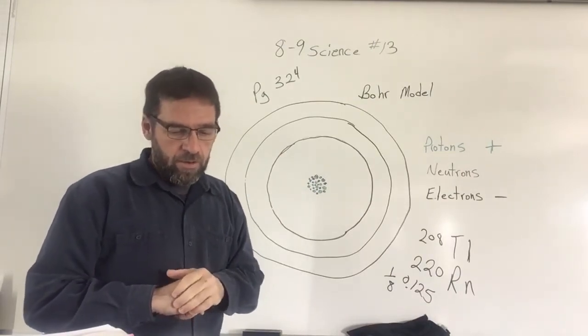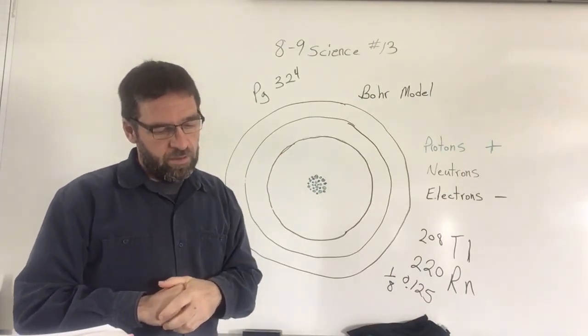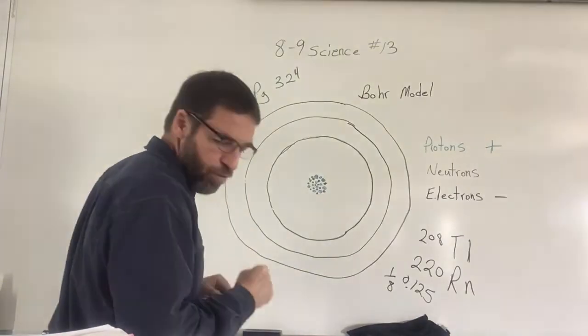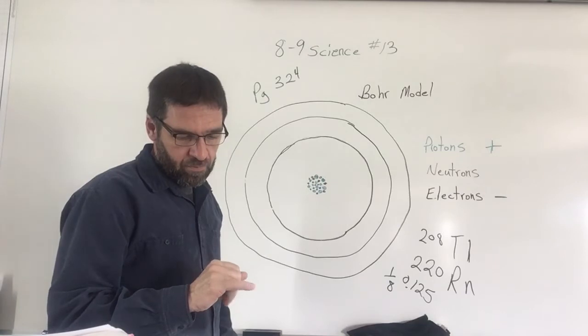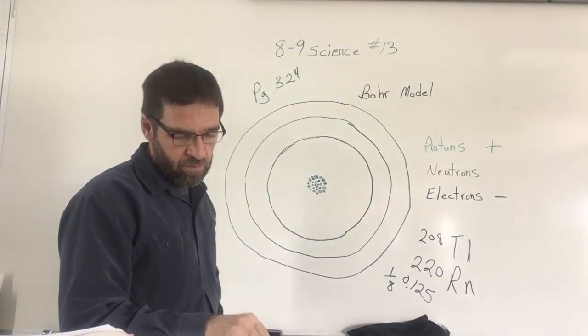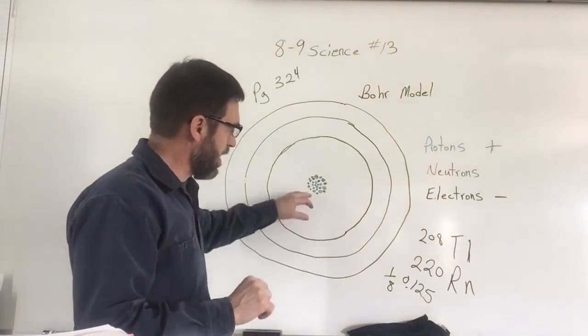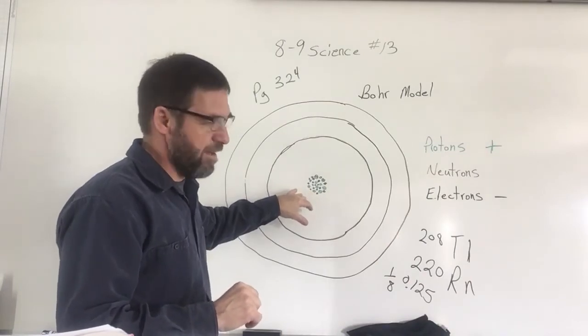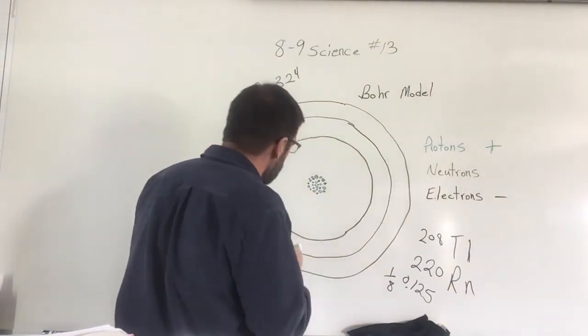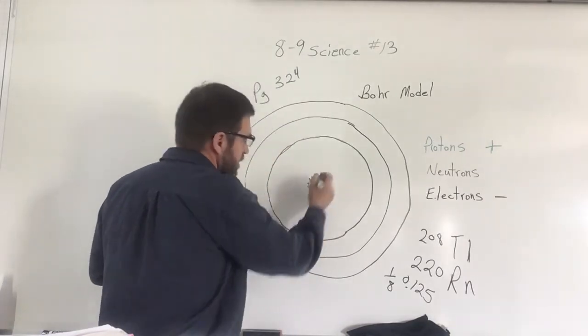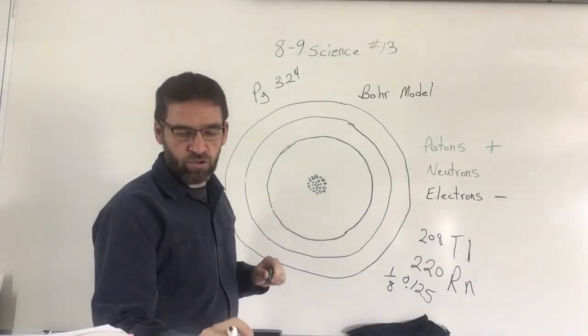Okay? Now that's not true for the others, but if you have an alpha decay in your product, 2 of each of these guys will come out, and it shows you how they come out.